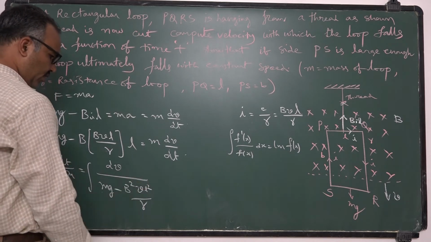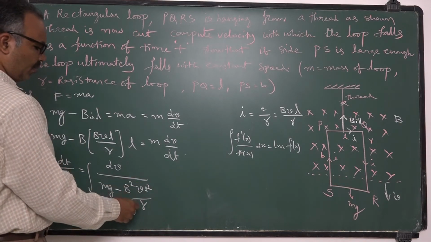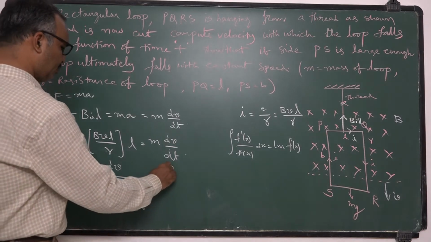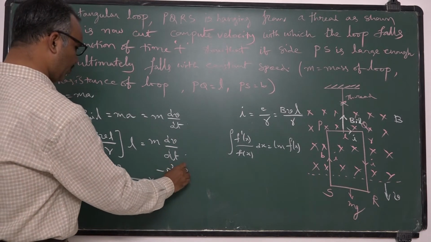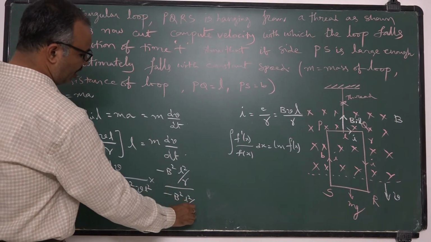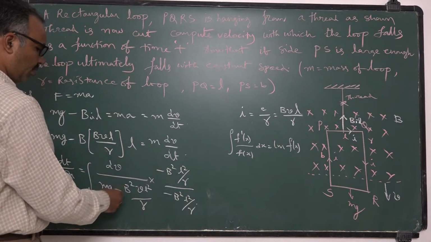For the other term, the derivative is minus B square L square by R into dv. So I should multiply minus B square L square by R in the numerator, and minus B square L square by R in the denominator. Then the numerator will be the derivative of the denominator.